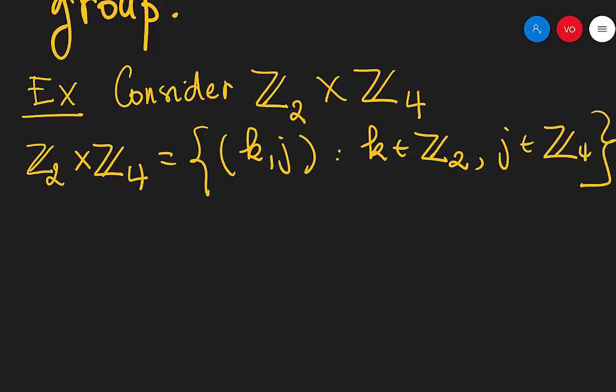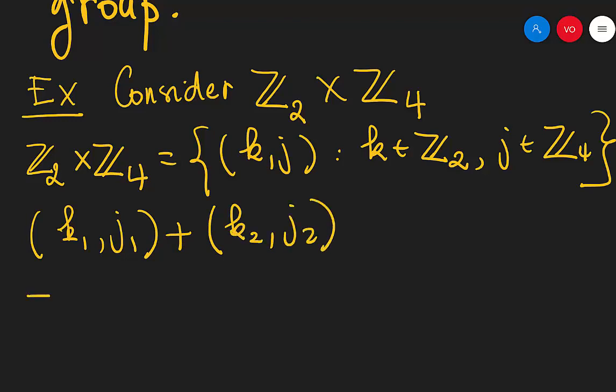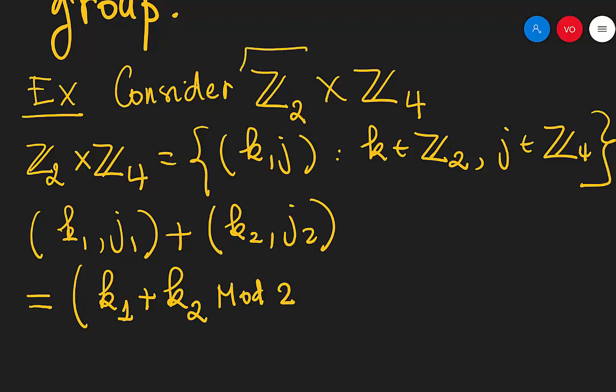So the operation here is the following. When we have, let's say, (k1, j1) added to (k2, j2), what we expect here is going to be k1 plus k2 mod 2, because we are in this component, and then we'll have j1 plus j2 mod 4.